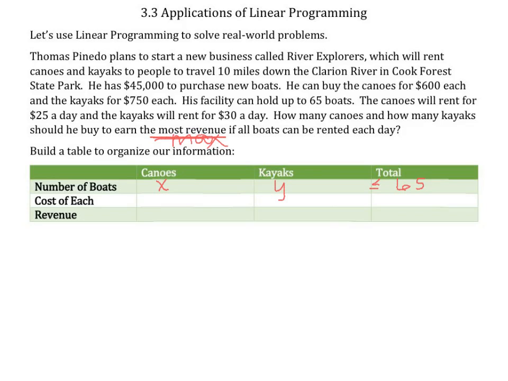So canoes cost $600 each, and kayaks cost $750 each, and he has a total of $45,000 that he can spend. And then how much money he makes. So he can rent a canoe for $25 a day and a kayak for $30 a day.